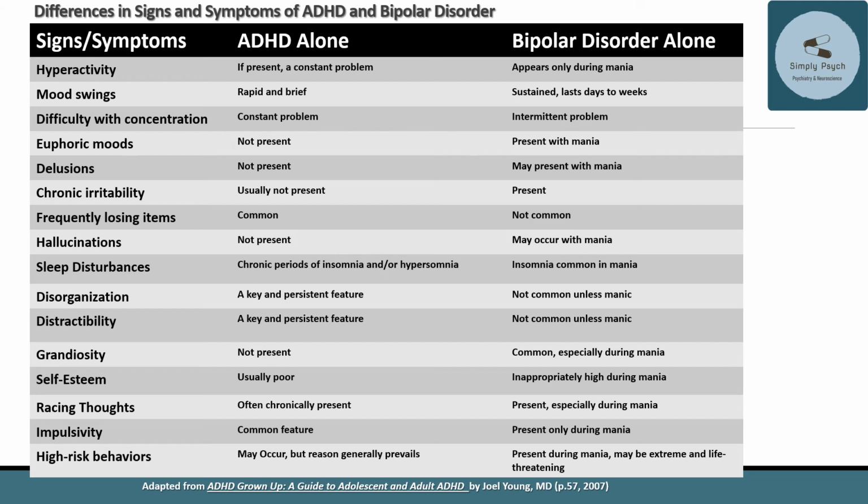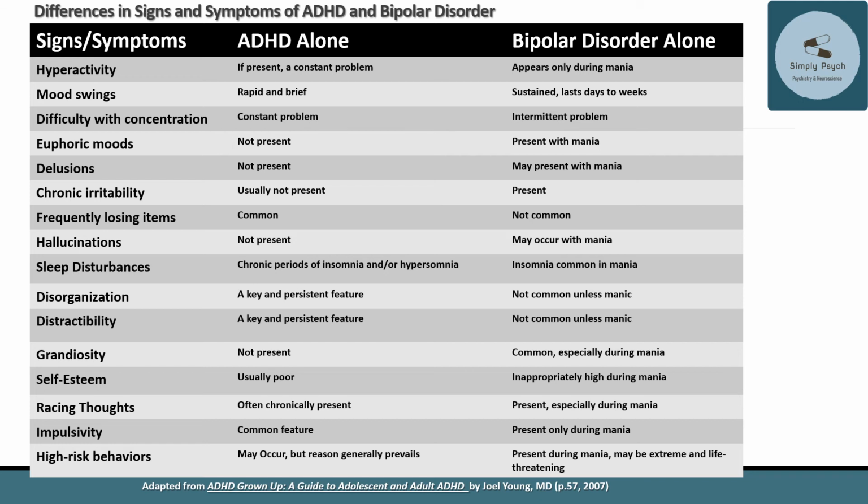When you're told your entire life, well, why don't you just figure it out? Can't you just sit there? Can't you just do this? Why aren't you doing that? They're just constantly being criticized. You just need to work harder. It's going to make anybody's self-esteem poor. And in bipolar mania, usually the self-esteem is high.